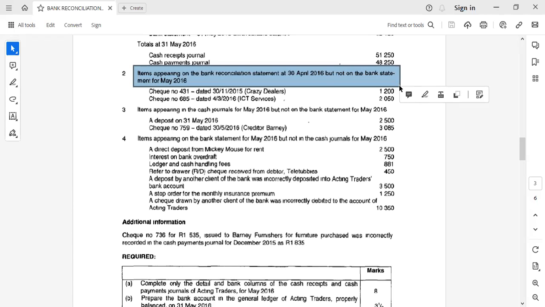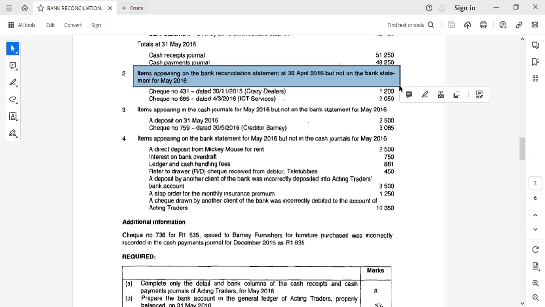If they are still outstanding, that means they will still have to appear again in this month's bank reconciliation statement because they've not yet been sorted. There are two types of transactions that have that scenario. We have what we call outstanding deposits, which are deposits we have made with our bank, but they've not yet passed through the clearing process.